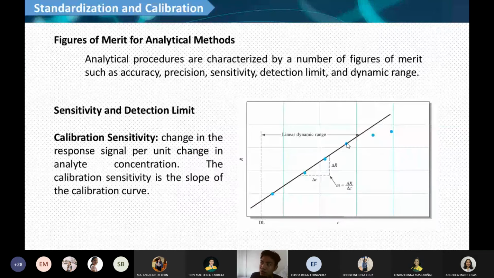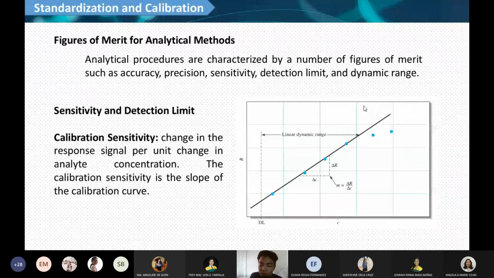Lastly, since we established the calibration curve, we should also check whether our calibration curve is good or not. How? By using the figures of merit. We check if our calibration curve is okay for our type of analysis. Figures of merit for an analytical method tell us whether our calibration is sensitive or not, what its lower limit is, and what its upper limit is. So that when we do chemical analysis and it falls within the capability of our calibration curve, we will get accurate results.